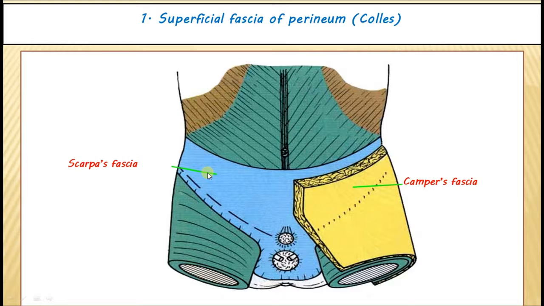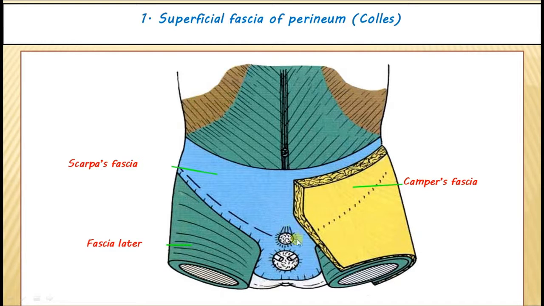Okay, and this fascia Scarpa does not cross beyond the thigh because it is attached to the fascia lata of the thigh. So kindly excuse the spelling mistake. It is a typographical error, it has come as fascia lata incorrectly. It is actually fascia lata of the thigh. So it fuses with the fascia lata of the thigh, that is the line of fusion.